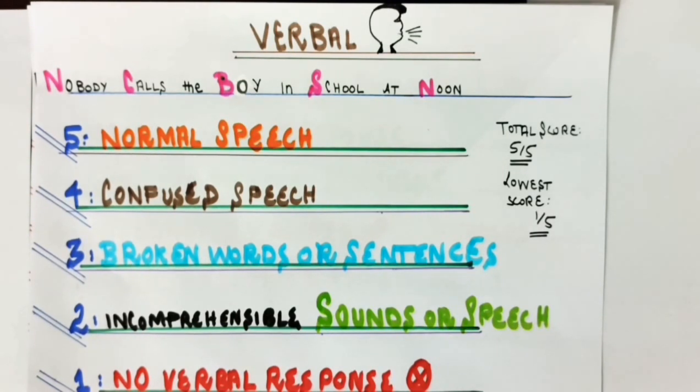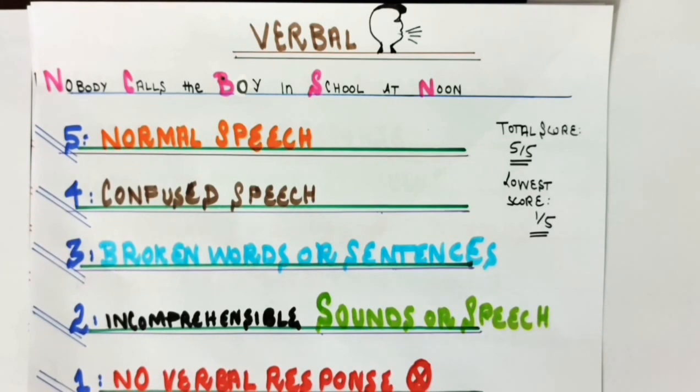Of course, he might not be confused, he might not be speaking any broken words or sentences, he might just be making sounds at that moment. Because he might be in pain, he might be confused, or if he wants to communicate, he can't, because he has suffered a deep-seated brain injury which disables the speech centers of the brain, and he might just be making sounds at the moment.